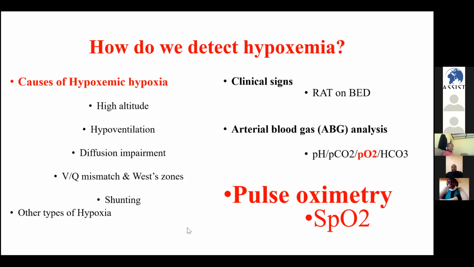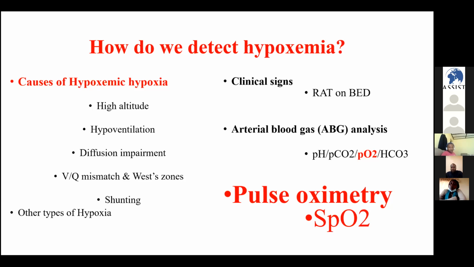But also shunting, in conditions where alveoli are filled with fluids and parts of the lungs are perfused but not well ventilated, like pneumonia or conditions causing pulmonary edema. There are other causes of hypoxia, but it's not the main topic of today.